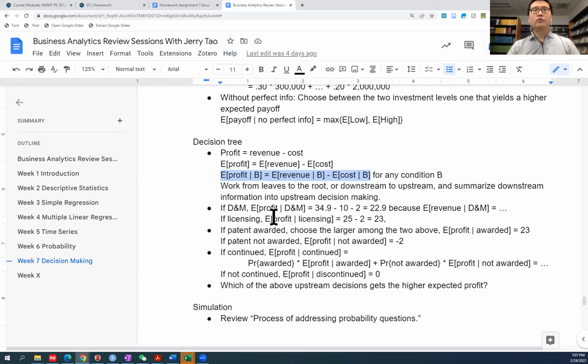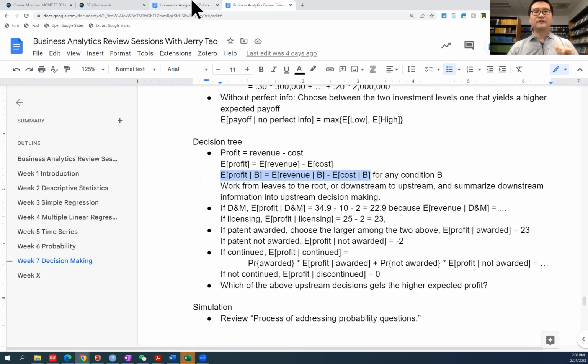So usually we were given the tree from the root to leaves. However, to get the expected profit from the first decision, we need to work backward from downstream to upstream.